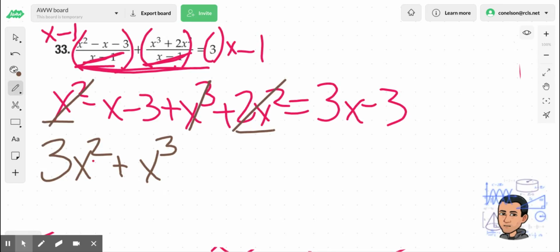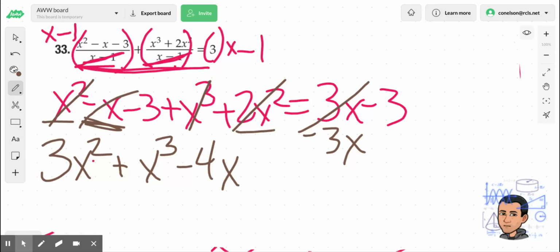Let's see. Now, I've got some x's. I guess it'd be nice if I brought all the x's to the same side. I've got this negative x here, but I think I'm going to try to get all the x's over to the left. So that'd be minus 3x. So that would be negative 4x. And then, okay, so took care of that.